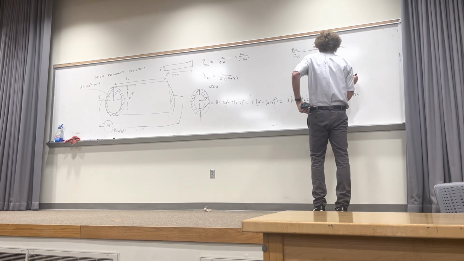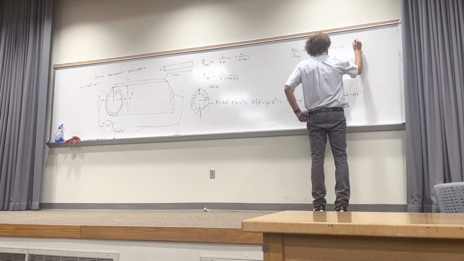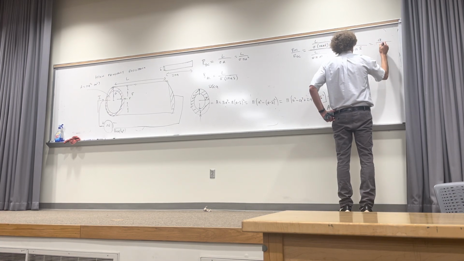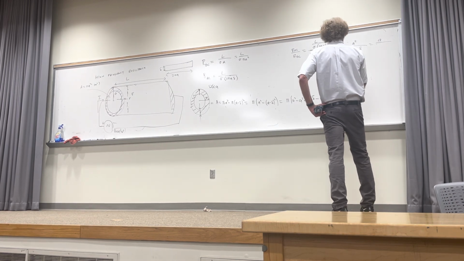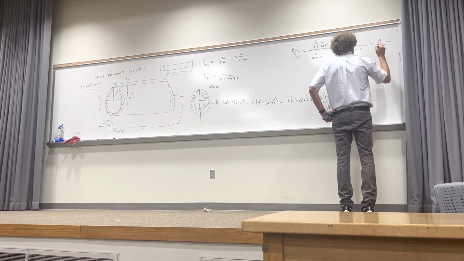The L and sigmas go away, the pi's go away, and therefore I get A squared on top divided by 2 A sigma, or it's really A over 2 times the skin depth.